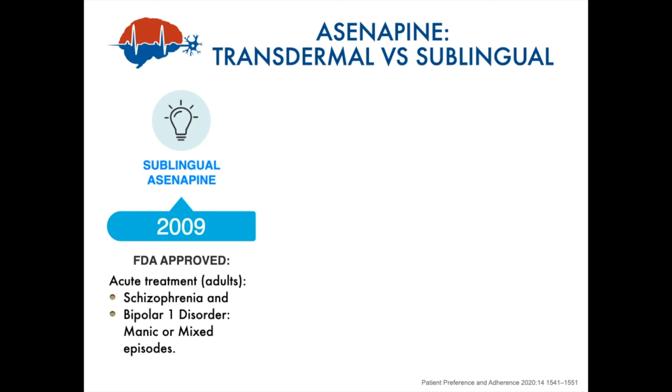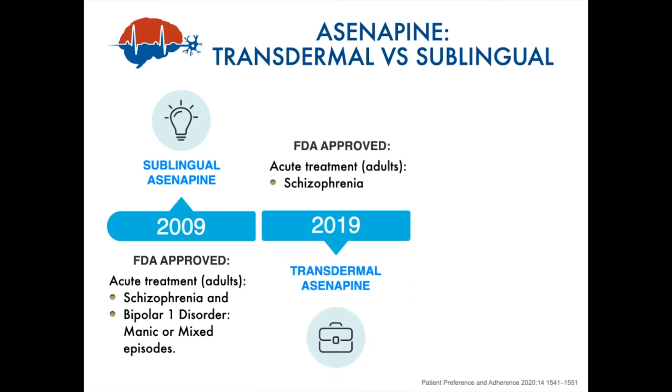Since 2009, it took them close to 10 years. In 2019, the FDA approved the other formulation, the transdermal formulation of Asenapine, but this was only approved for adults with schizophrenia.